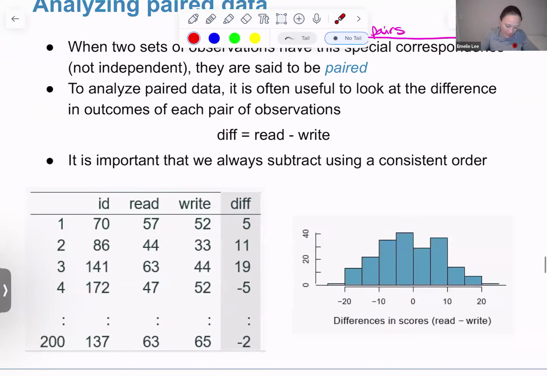I always use the first one minus the second one, just because it's easier. Notice what happens: you've captured all this activity in the reading and writing scores in one sample of the differences.